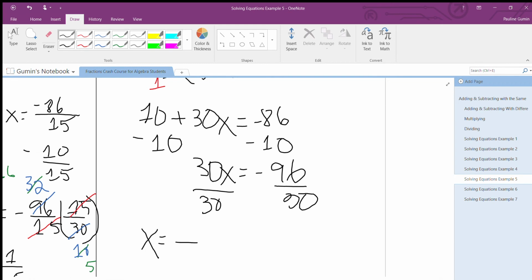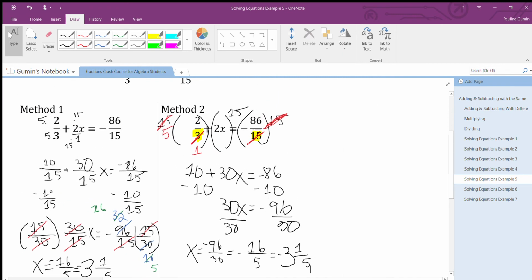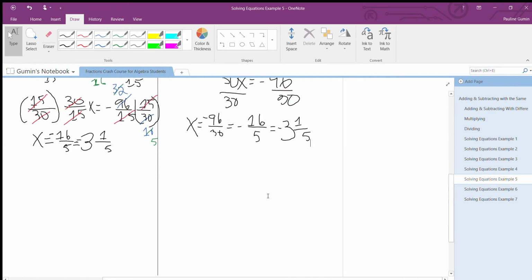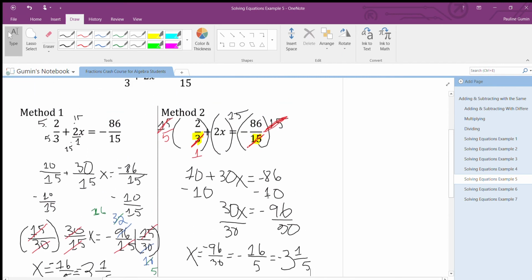X equals negative 96 over 30, which I found out we can reduce by 6. I don't know. Oh, yeah, that's why I wrote 16. Okay. Negative 16 over 5, which is negative 3 1/5. I had a brain fart again. My apologies. So that method seemed a little faster again. There was a difference there. Any method you like, you do that one.